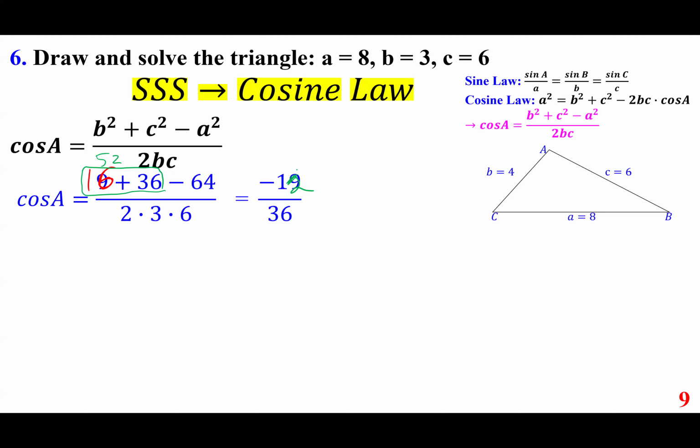It's minus 12 over 36. And the angle is 121.86 because cosine inverse of that number is a negative number, and cosine inverse ends up being 121.86 degrees.